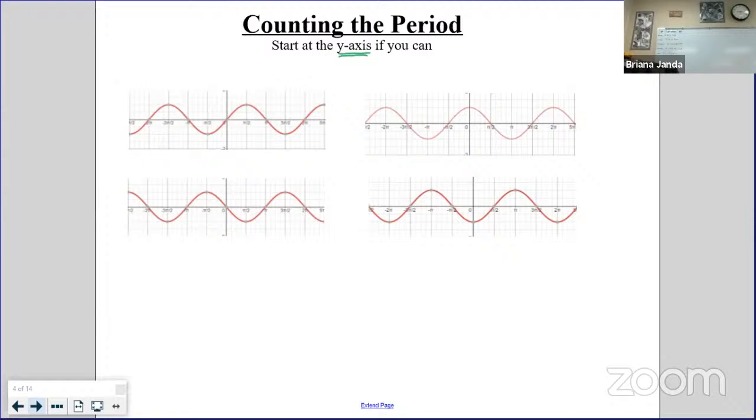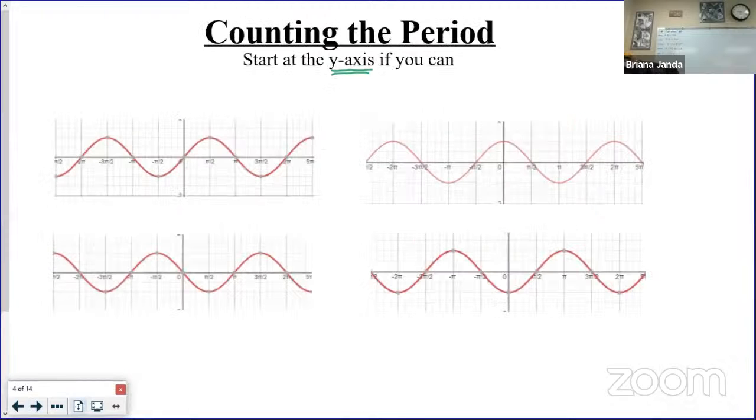So what I have done for us is show the different things that could start at the y-axis. If I look at this first one, training my eyes on the y-axis, this graph starts on my midline, which would be these two in this column right here.